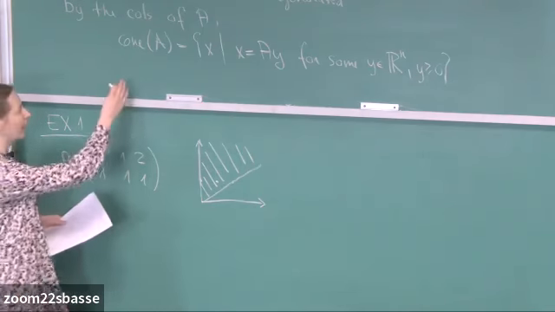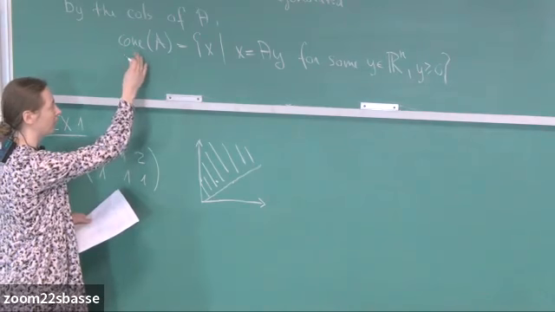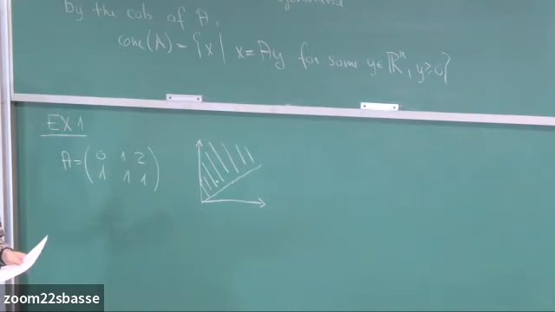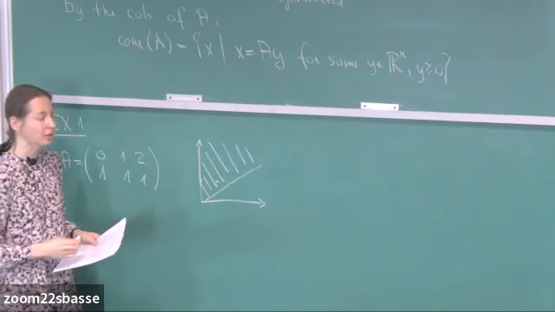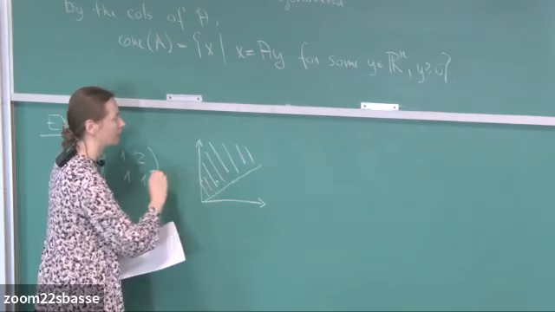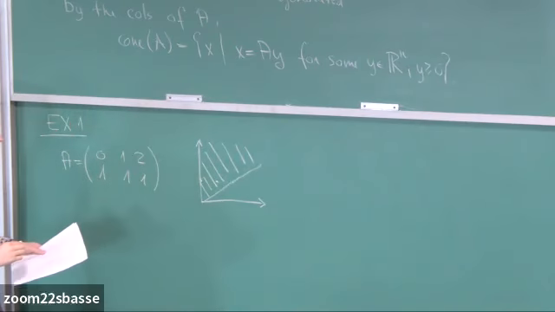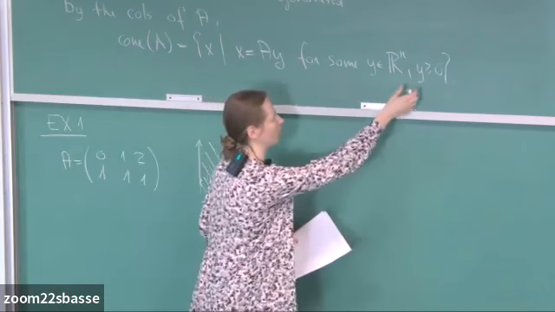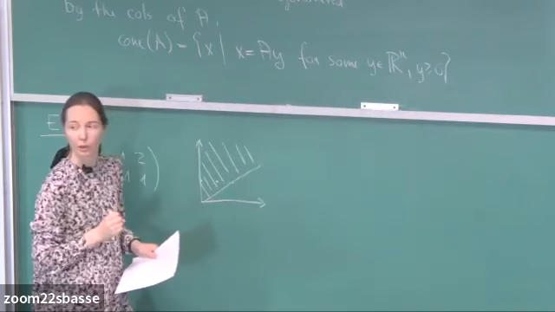All elements of cone A are conic combinations of the columns of A. So every point here is a conic combination.